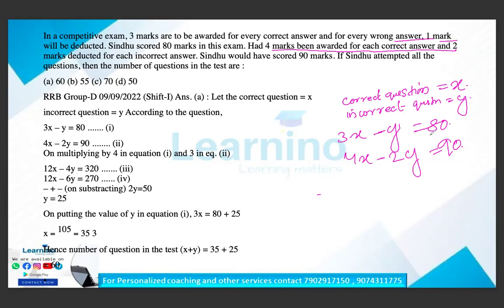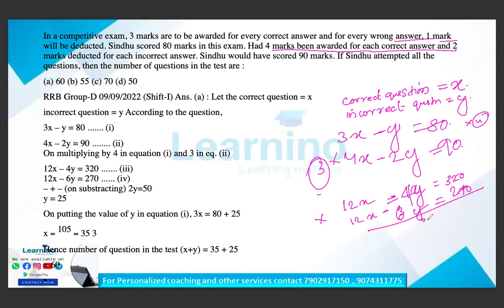Solving these equations, multiplying by 4 in each case: 12x minus 4y equal to 320. Then multiplying the other equation by 3: 12x minus 6y equal to 270.